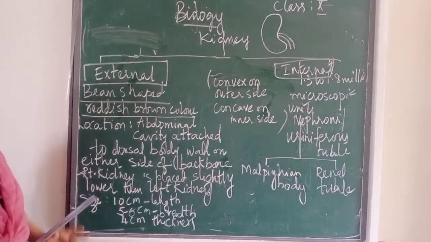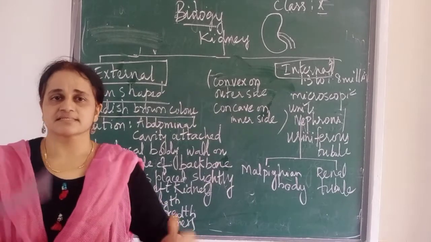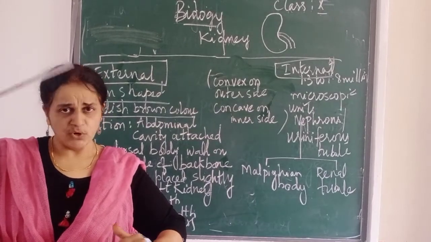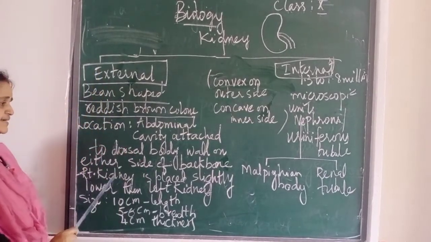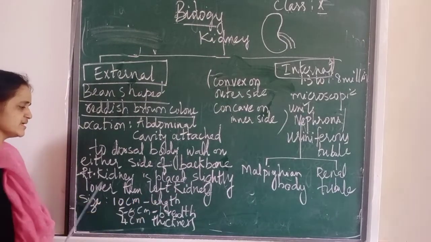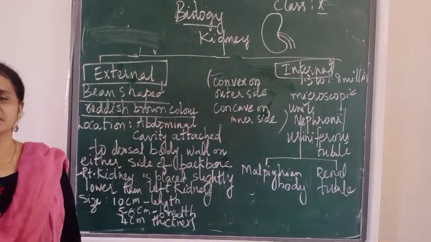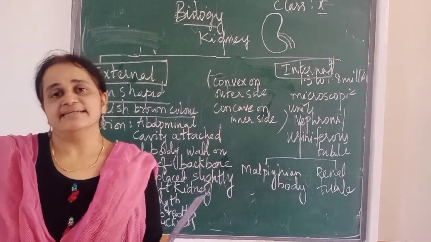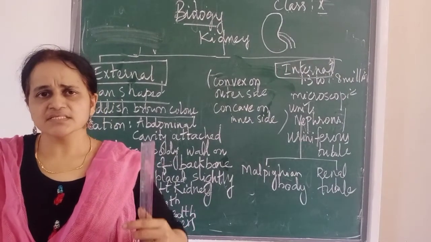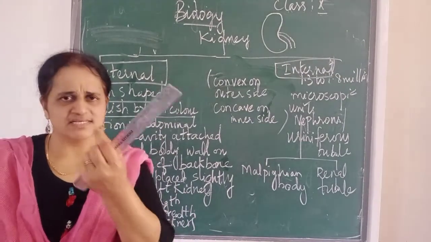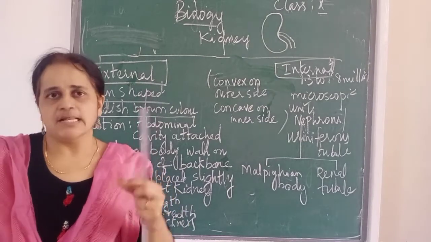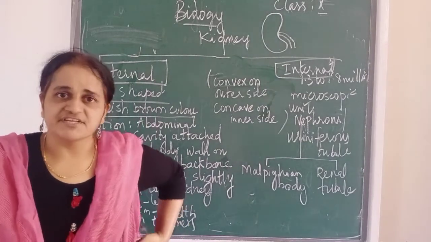So here there is a slight difference in the location of the kidneys. Right kidney is placed slightly lower than left kidney. That means your right kidney is a bit lower, only slightly, don't think it's very low, slightly lower than the left kidney.